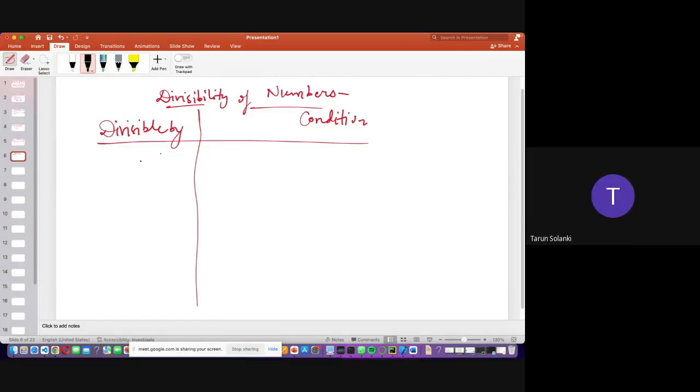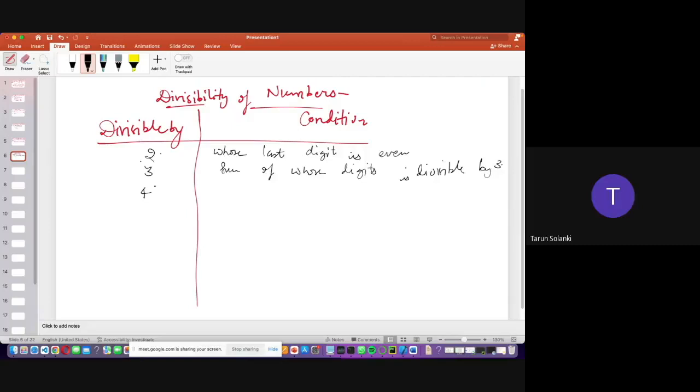Okay, so first one is 2, whose last digit is even. Next is 3, sum of whose digits is divisible by 3.